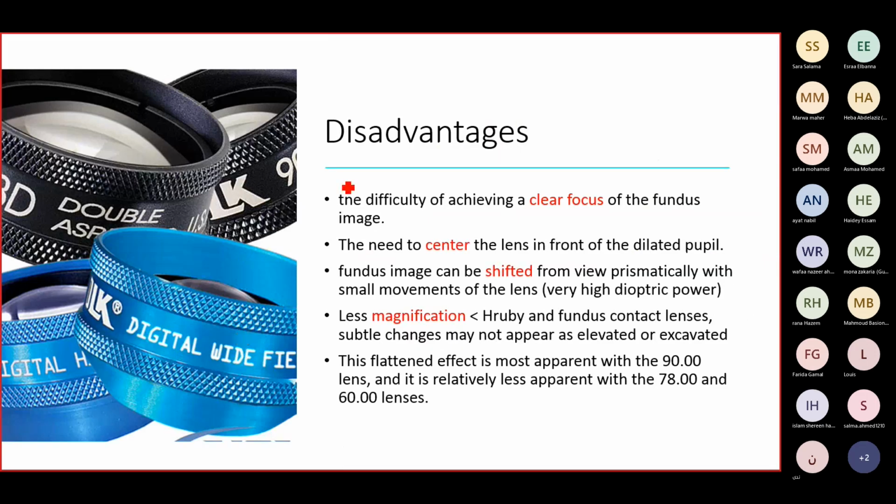The main disadvantage is that you need to hold it properly in order to achieve a clear focus of the fundus, and if it's shifted, it may cause a prismatic shift of the view because the edge of the plus lens acts as a prism. So you always need to keep the view at the middle part of the lens that you use. Okay, the magnification is less than the ruby and the fundus contact lens.